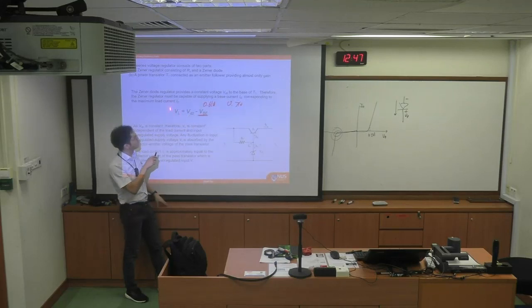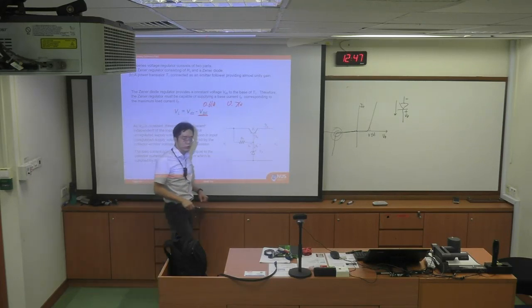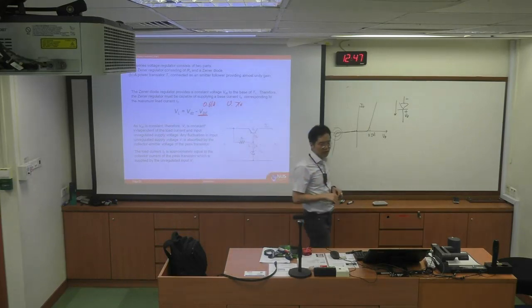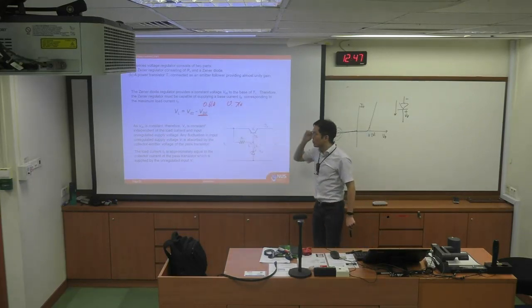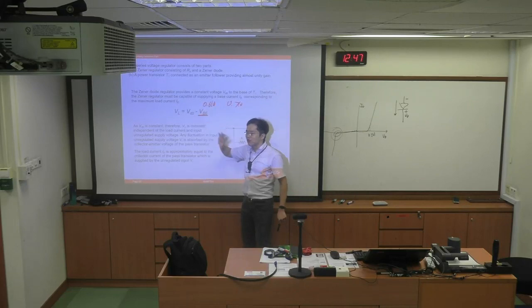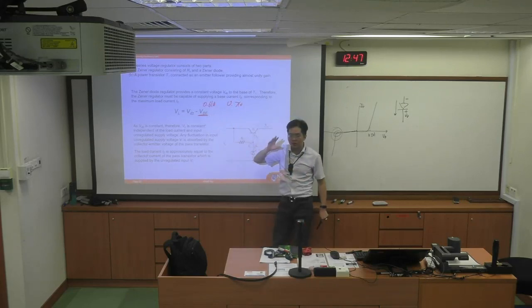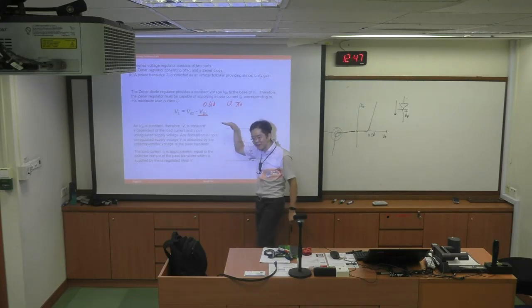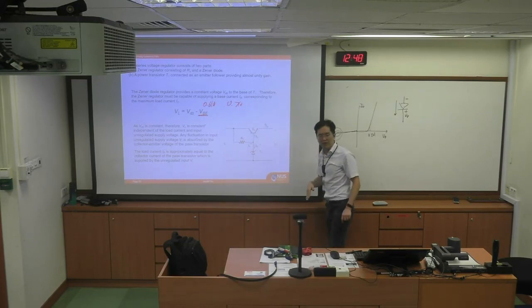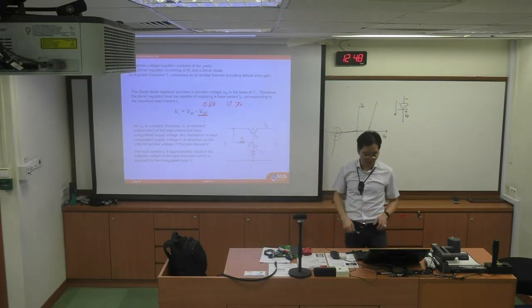So once you determine what the VDZ will be, and VBE is almost constant, the load voltage will also be almost determined. That's in theory, but in reality, VDZ fluctuates with respect to the temperature change, and VBE also changes with respect to the temperature as well as the load current. So it's not perfectly DC, there's some fluctuation, but nevertheless, it achieves good enough regulation factors.